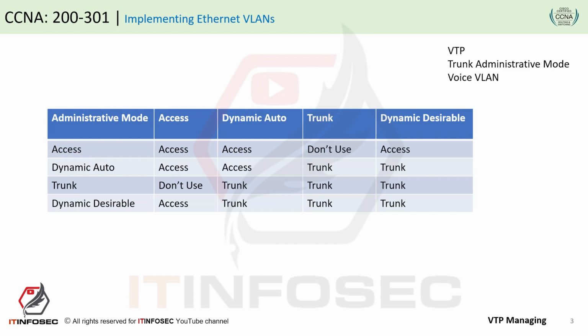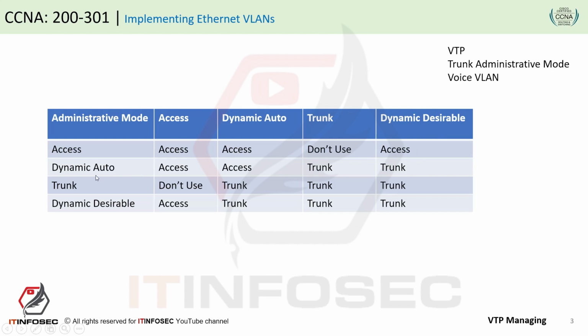One side configured in access mode and the other side in trunk mode, a problem occurs, so avoid this combination. If one side is access and the other side is dynamic desirable, the result will be access.